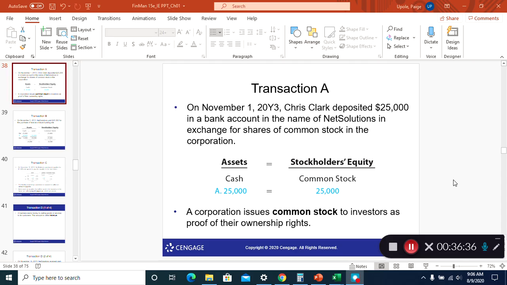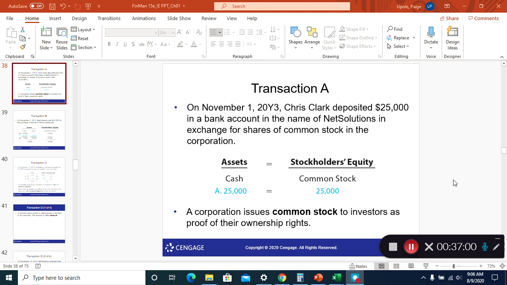When they deposited the money, they got the cash in their bank account, and there has to be another side to the transaction, right? So we can see that they received equity in the form of common stock, and common stock is defined down here. This is what a corporation issues to investors as proof of their ownership rights.